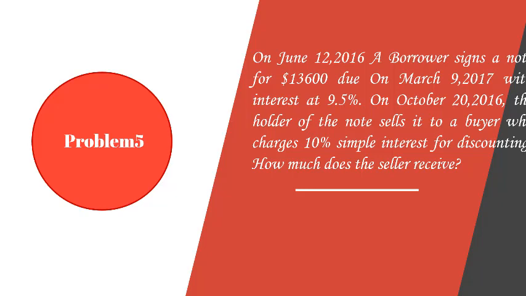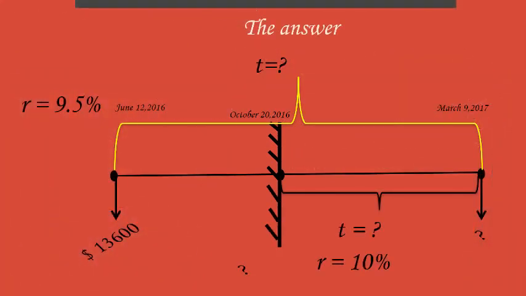So, at the first, we must draw the timeline. We will start with 13,600 on June 12, 2016, and we need to get the future value on March 9, 2017. After that, we will get the present value on October 20, 2016.